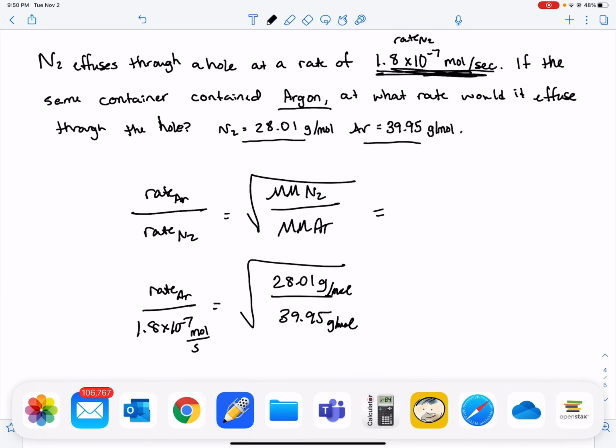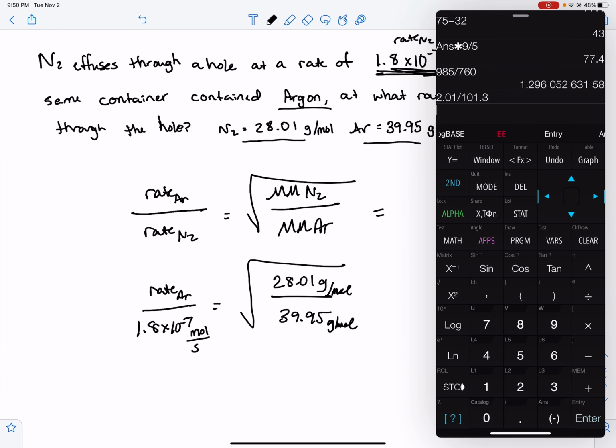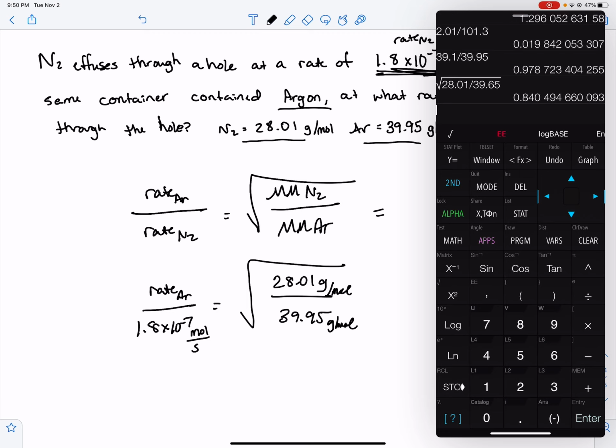And then I'm going to pull my calculator over, and I'll square root the right-hand side. So square root of 28.01 divided by 39.95. I'm just going to go ahead and push enter, but you can do it separately or together. And then that number times this one right here.